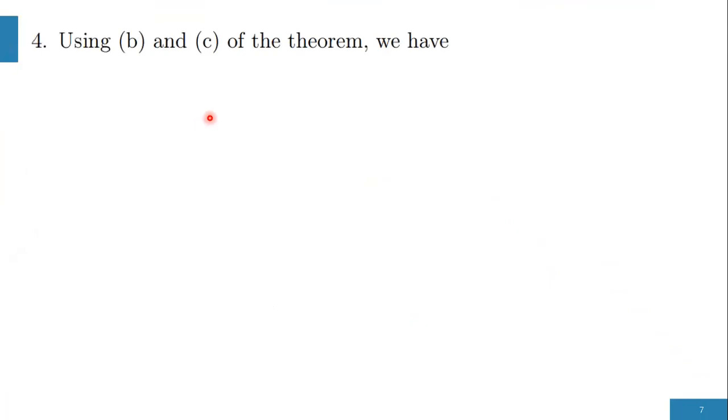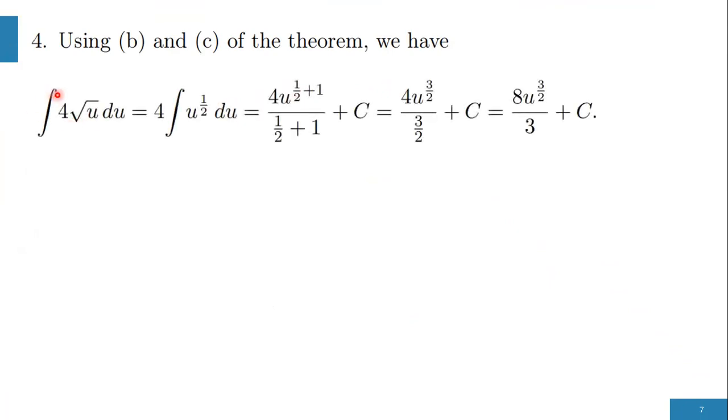And for our fourth example, we are using B and C of the theorem, or the second and the third theorem we have presented before. We have the integration of 4 square root of u du is just equal to 4 times the integration of u raised to the power of 1/2 du.